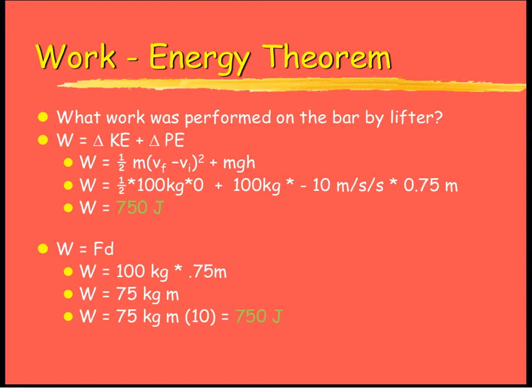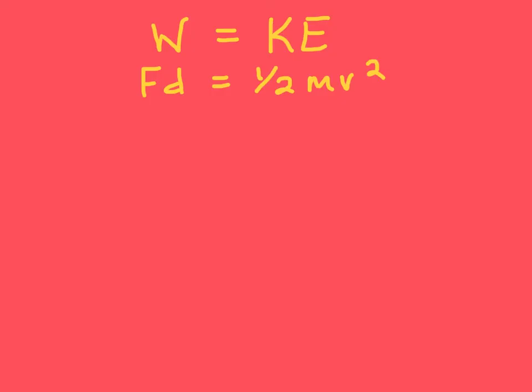Therefore, we can set these equal to each other. Let's look at another sample. If we set these equations equal to each other, work being force times displacement, and kinetic energy being 1/2 times the mass times the velocity squared, as long as we're given at least 3 pieces of data, we can mathematically solve for the fourth.